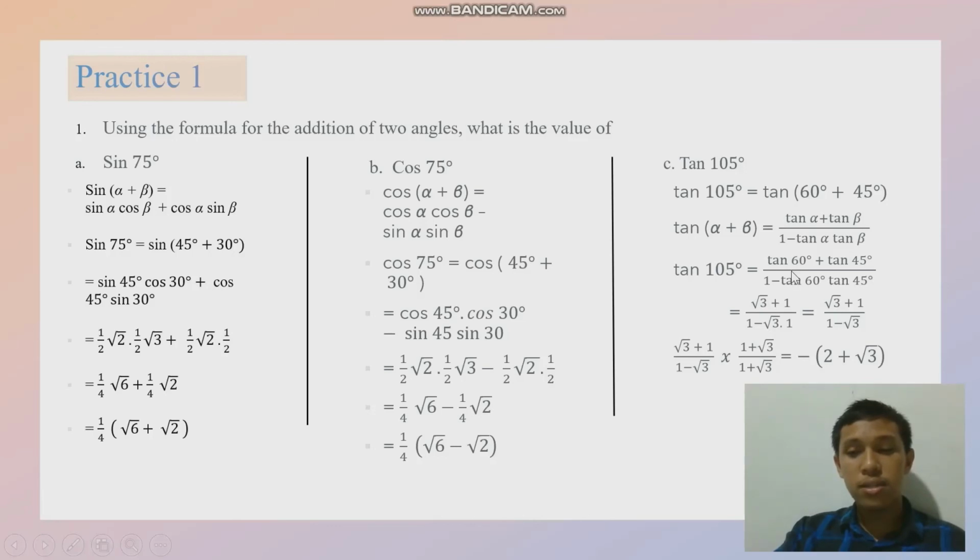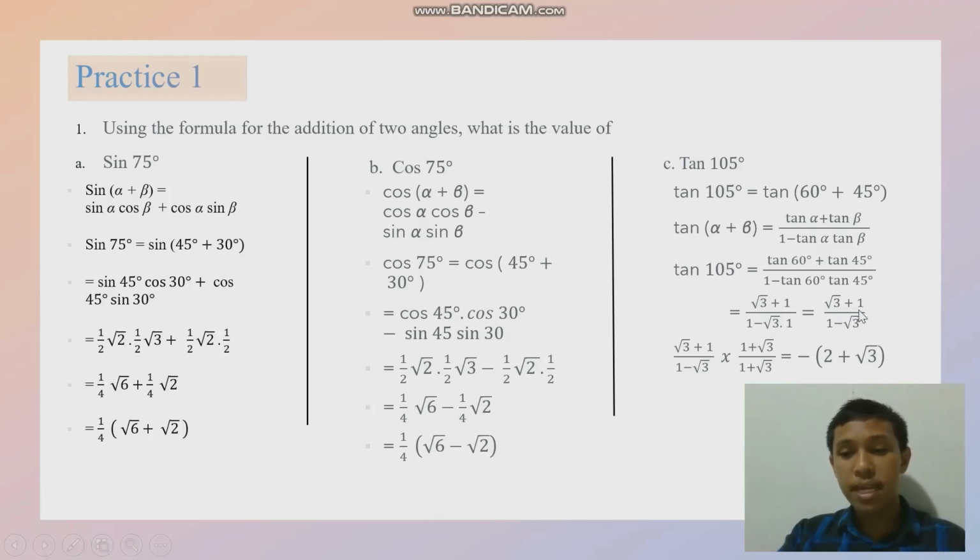Because the value of tan 60 degrees is the square root of 3 and the value of tan 45 degrees is 1, I can write the square root of 3 plus 1 over 1 minus the square root of 3 times 1.